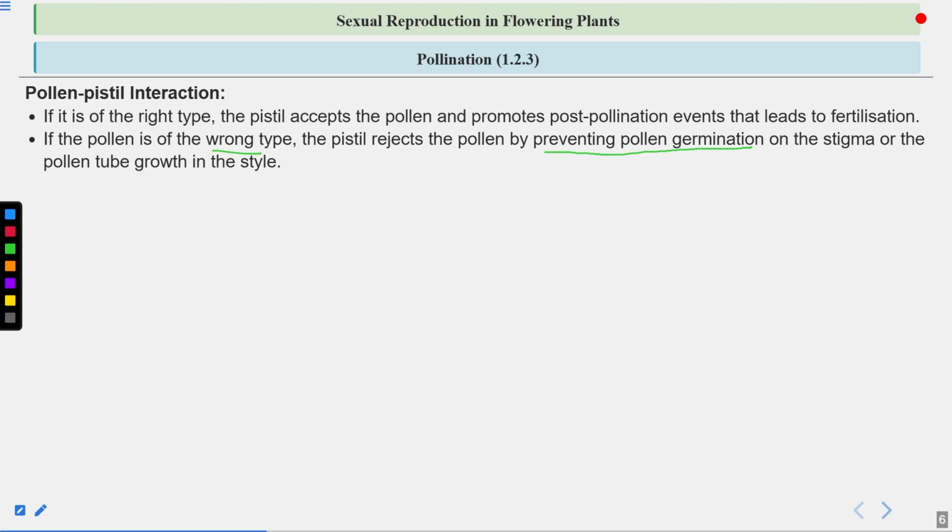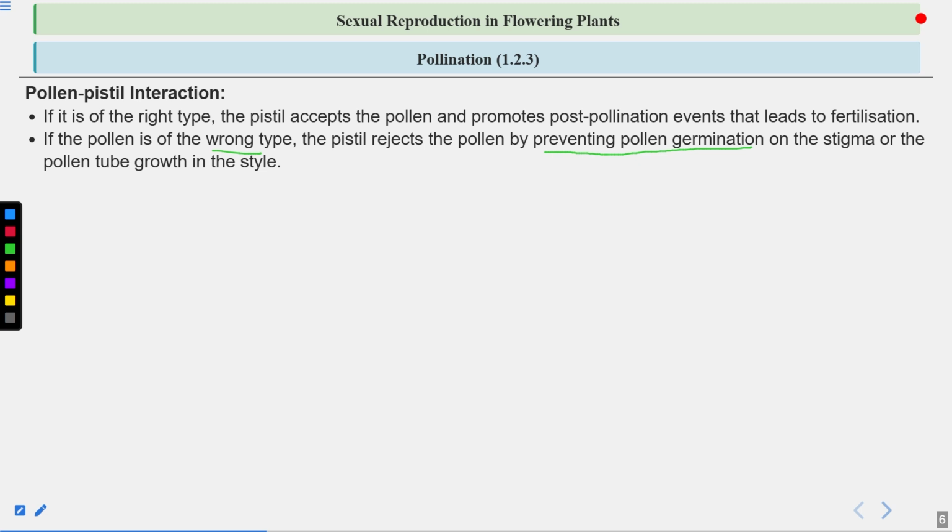Okay. So here, one gene for recognition is there, but it has different forms: S1, S2, S3. So if the pistil has the S1 type, then it will not accept the S1 type of pollen grain. Understood?